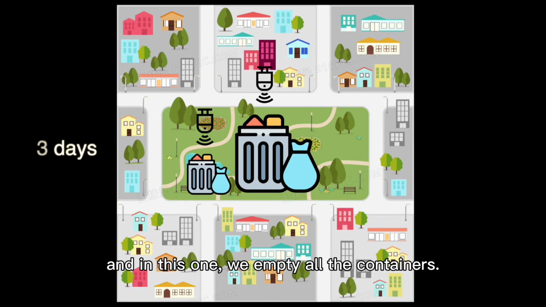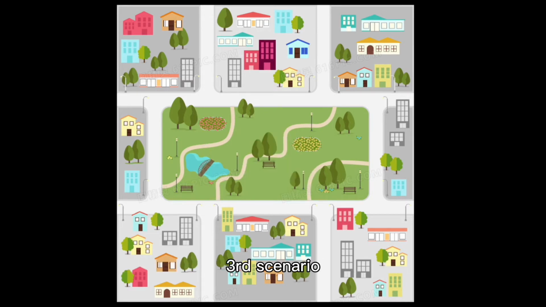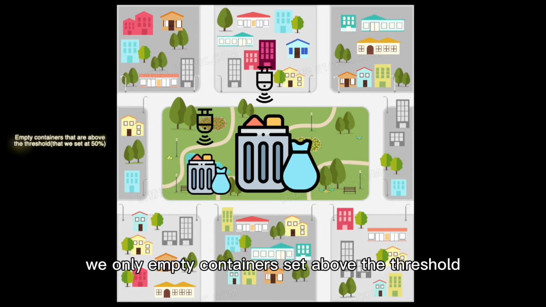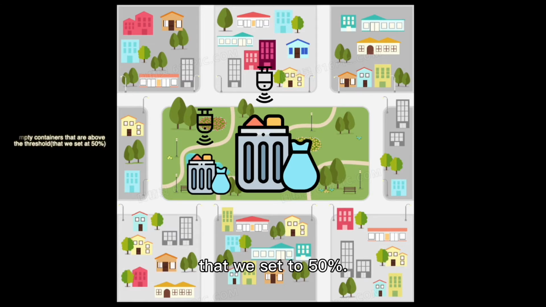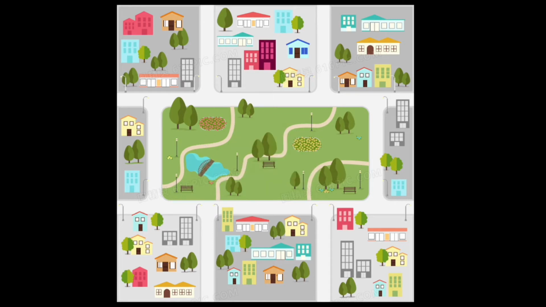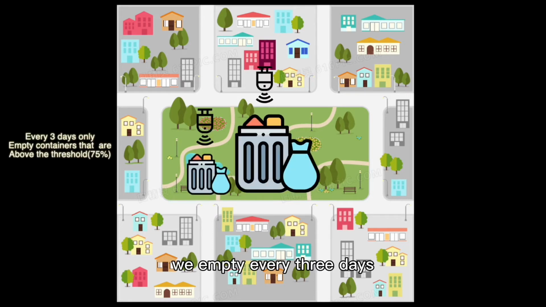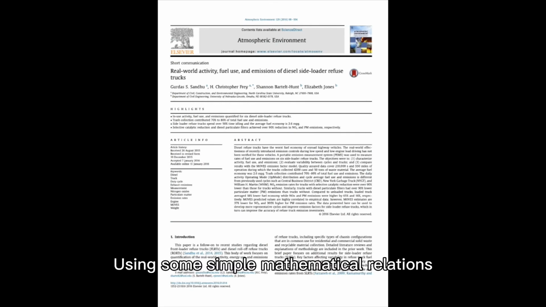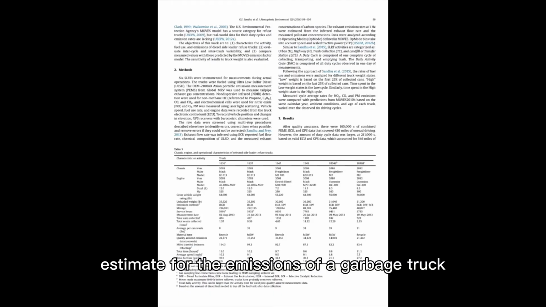And in this one, we empty all the containers. Third scenario, every week, we only empty containers that are above the threshold that we set to 50%. The last one, we empty every 3 days, but we only empty the containers that are above the threshold of 75%.